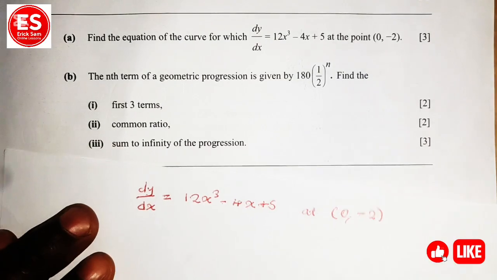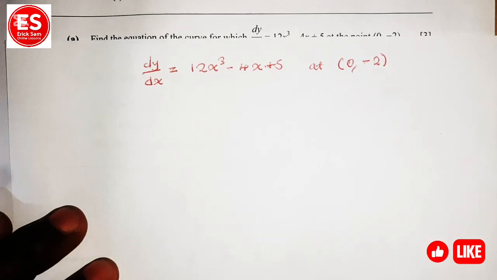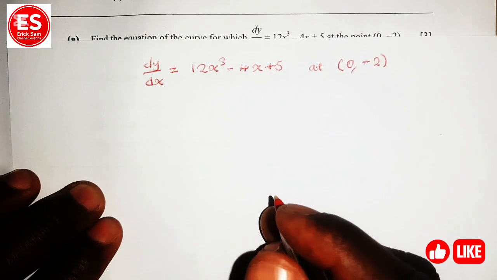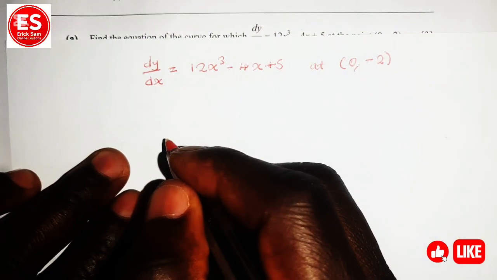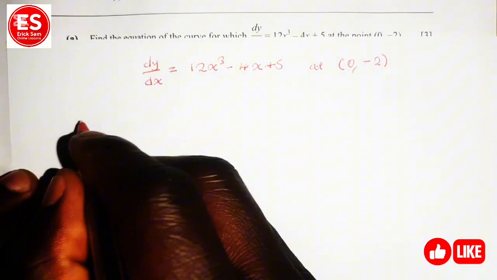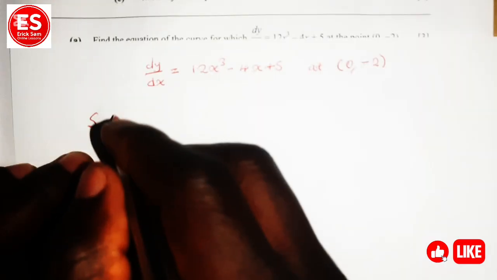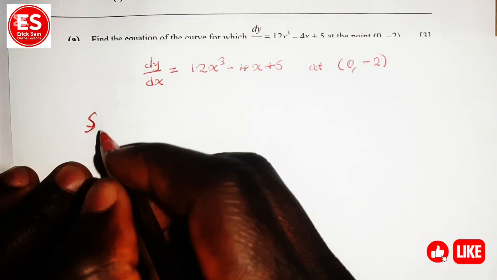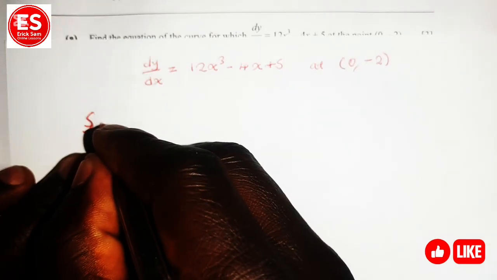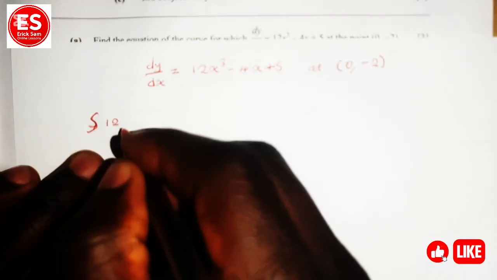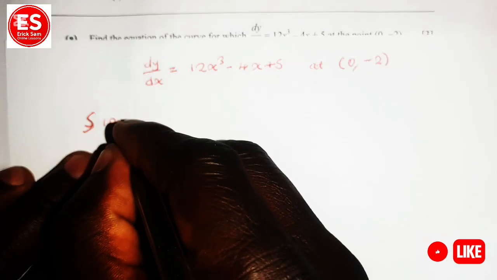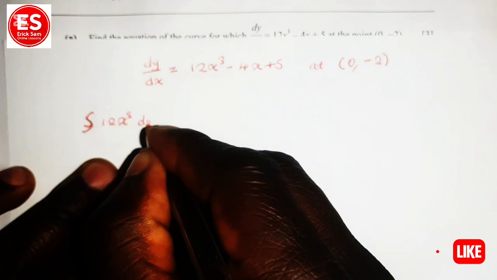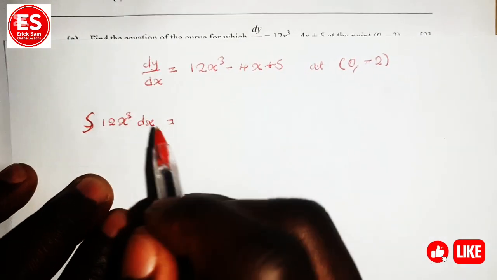All right, now let's try to solve this. How do we solve such a question? The first thing, we need to integrate. If we integrate part by part, we say integral, this is not an s, but an integral sign. So the integral of 12x^3 dx.